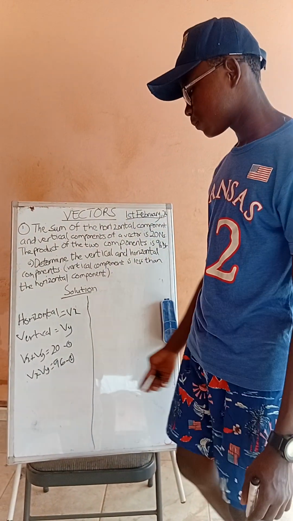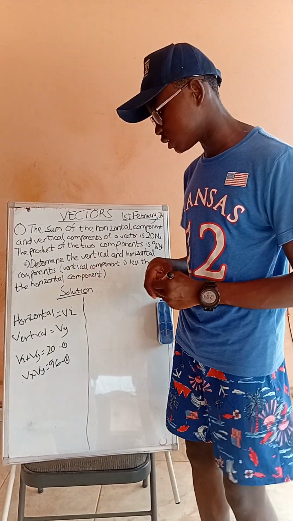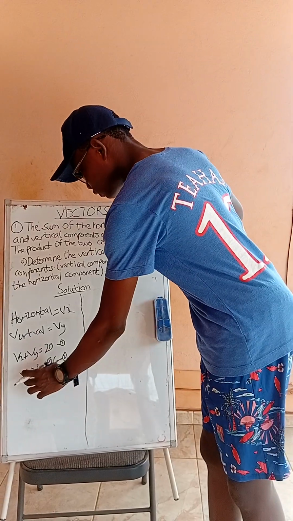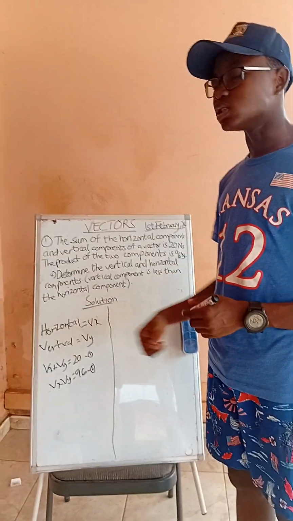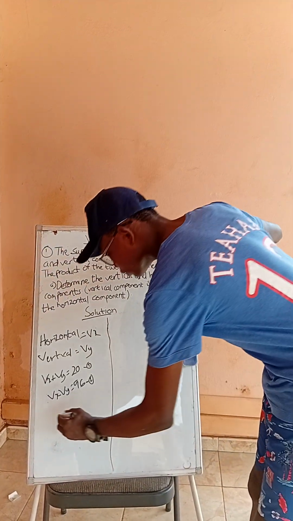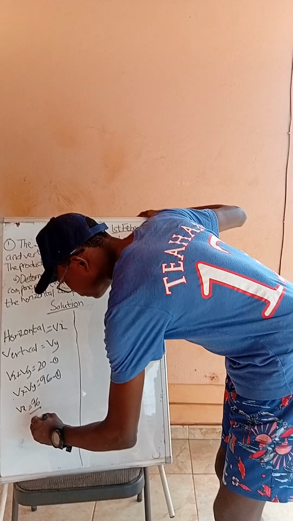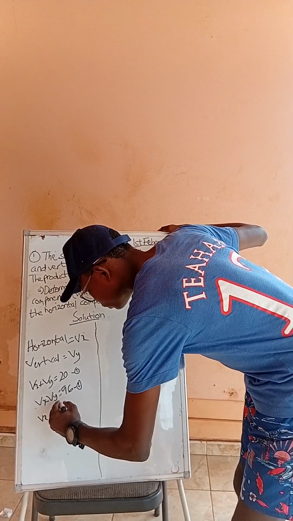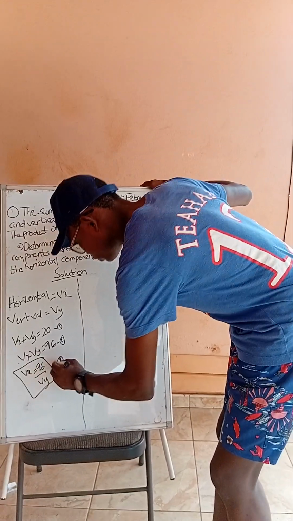Then now we need to substitute in order to solve it. So I will make x the subject and substitute it into equation 1. So Vx is equal to 96 over Vy. So this is equation 3.